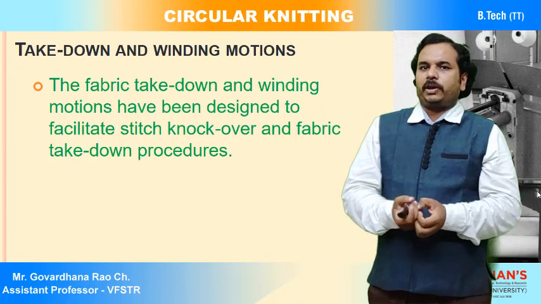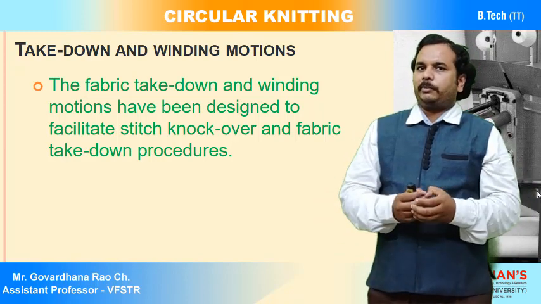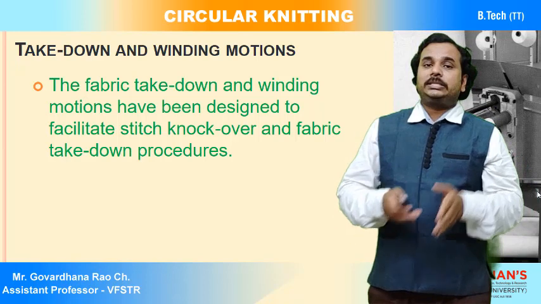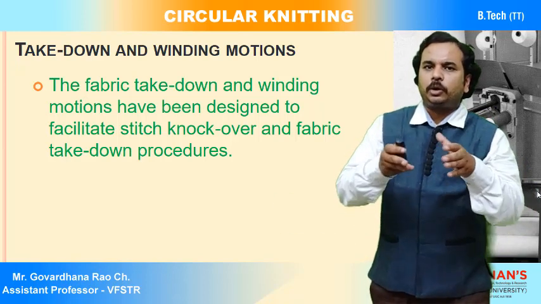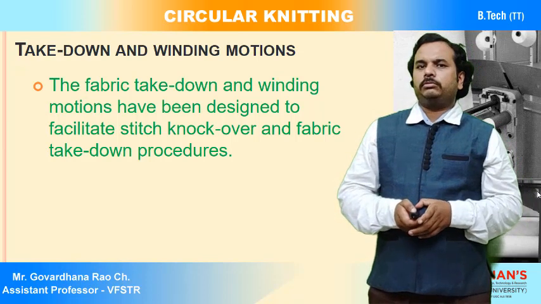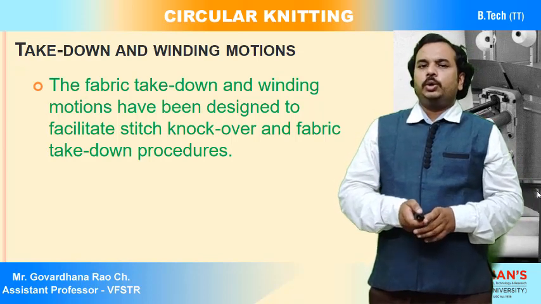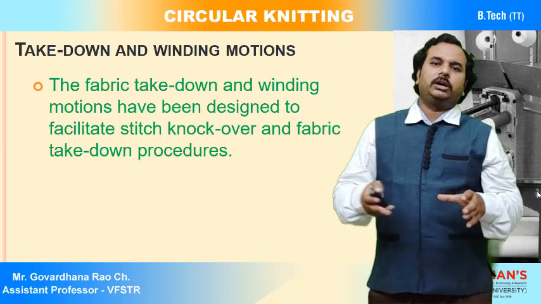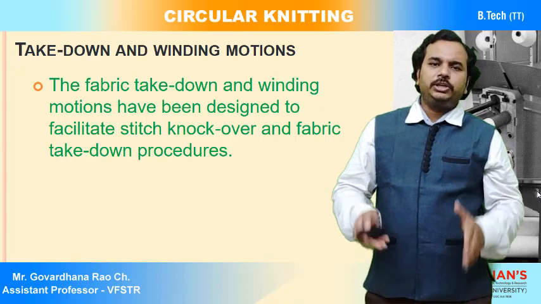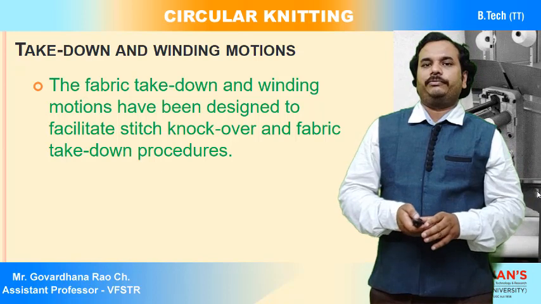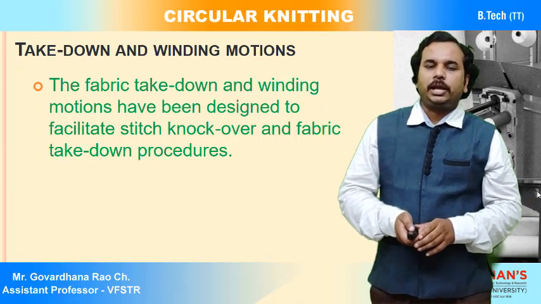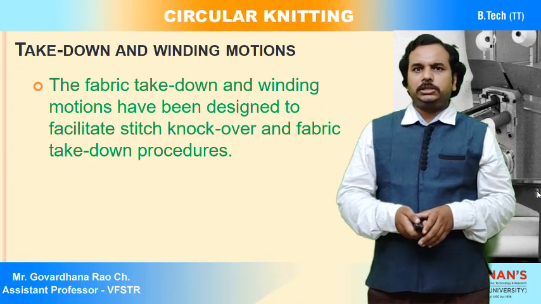After takedown, the fabric is sent to the cloth winding mechanism. There are also 2-3 systems to control the fabric tension and crease formation in the fabric, and the winding and cutting of the fabric in the length direction. So we will see all these things.